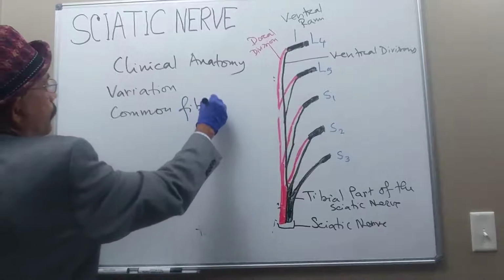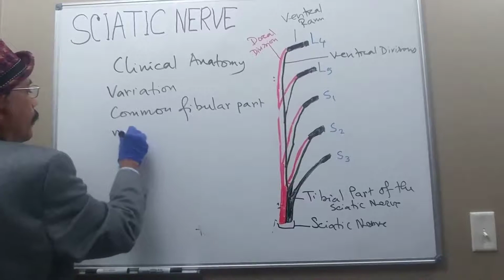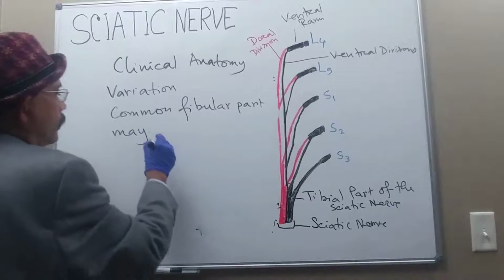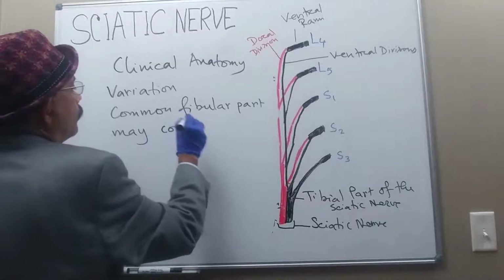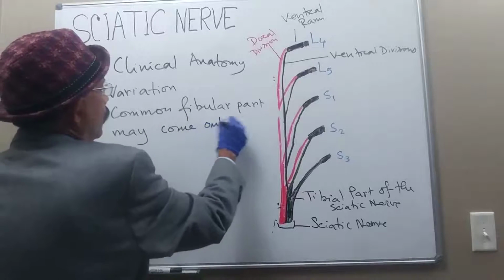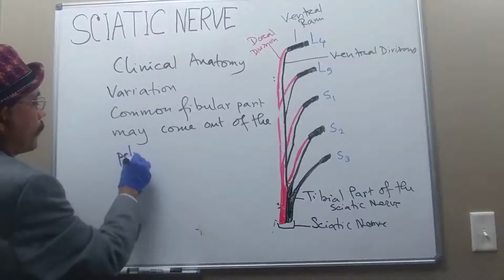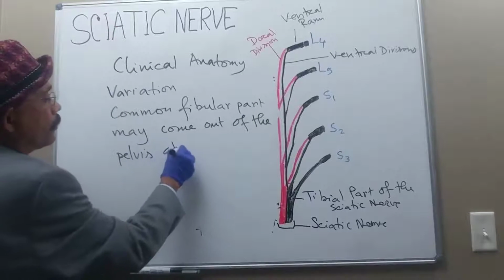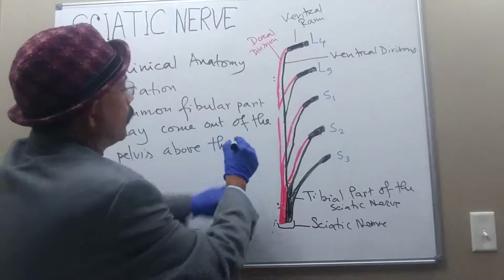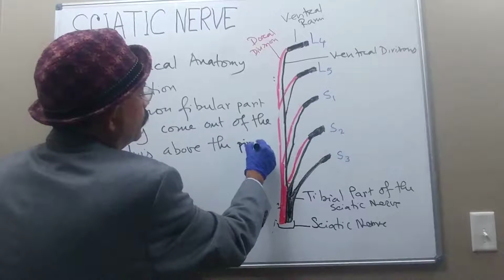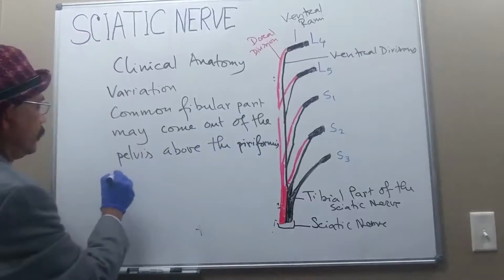The common fibular part may come out of the pelvis above the piriformis. That is a possibility.